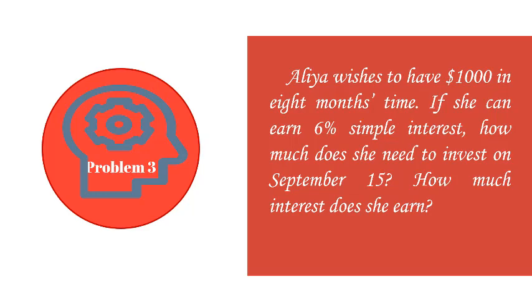Another example. Alia wishes to have $1,000 in 8 months. If she can earn 6% simple interest, how much does she need to invest on September 15, and how much interest does she earn?